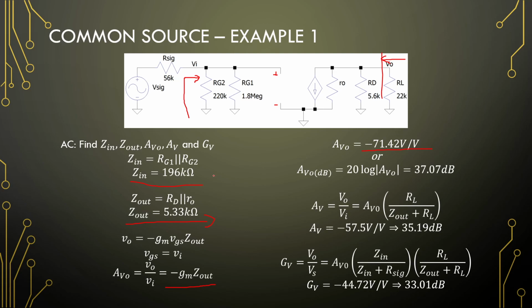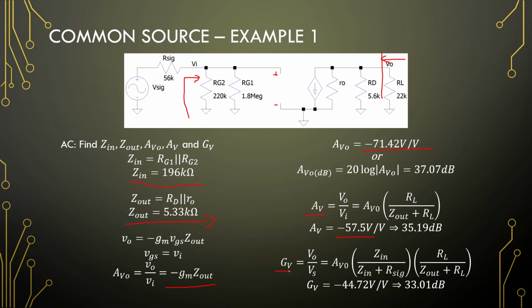And with that, we have input impedance, output impedance, and our maximum gain. So from there, we can calculate our loaded gain AV. So with that, we just use the voltage divider across the load with the output impedance, and that gives us minus 57.5 volts per volt.